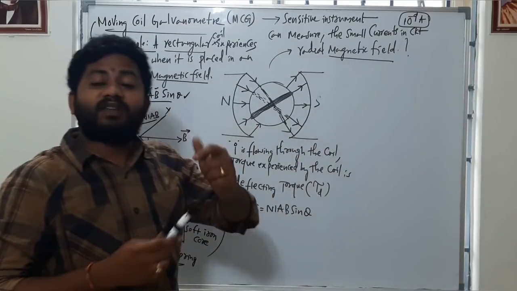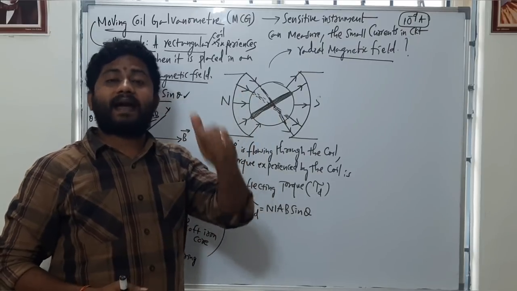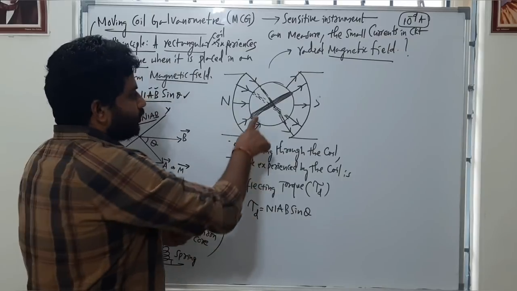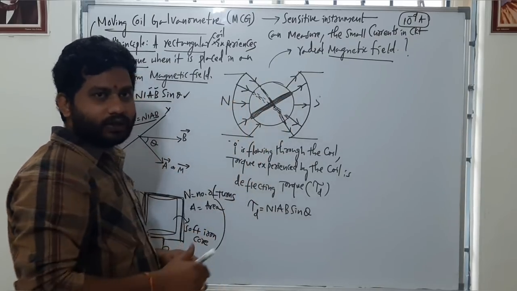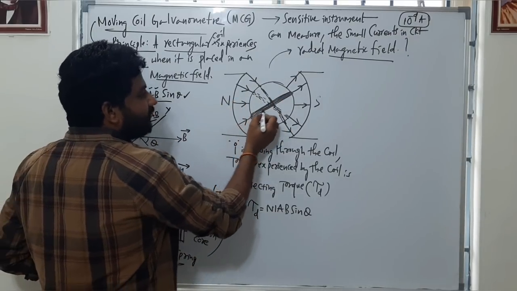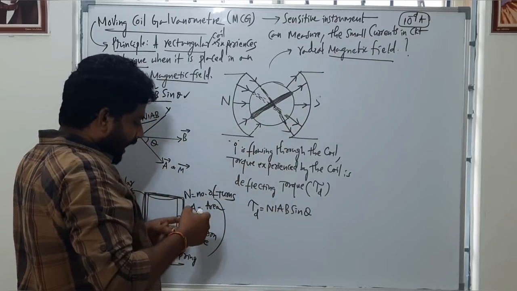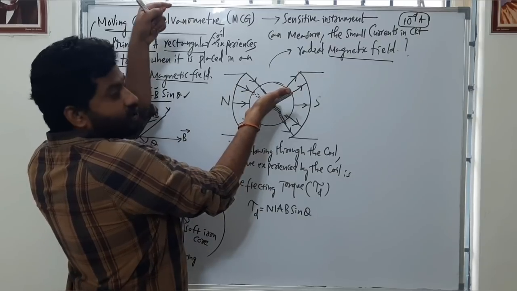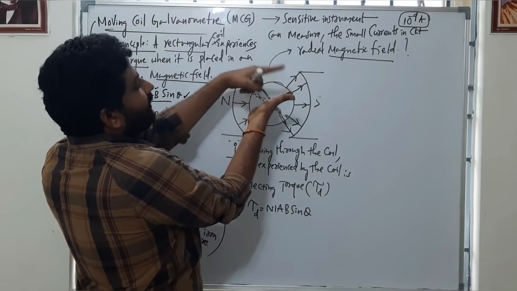What is the angle theta here? Theta is the angle between the magnetic field and the area vector. Imagine the first position. This is our first position of the coil. As the coil is like this, its area vector is in this way and the magnetic field lines are moving in this direction.